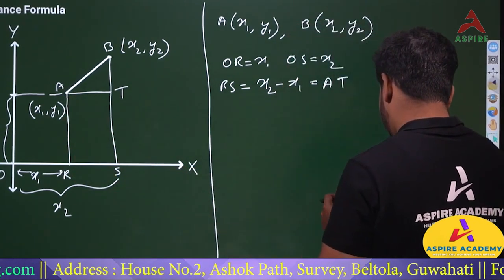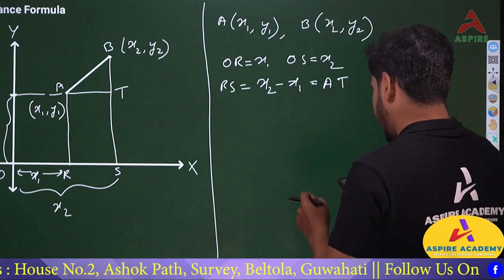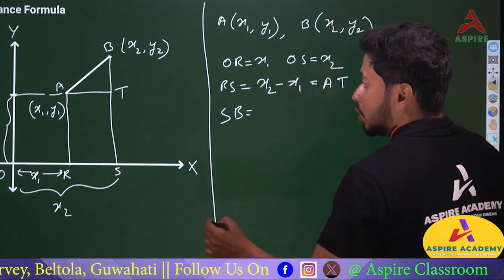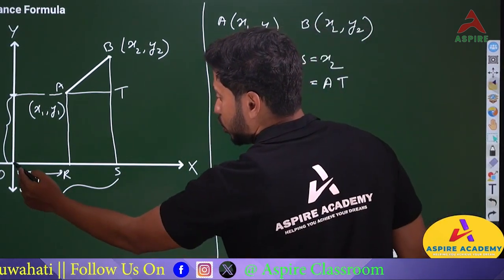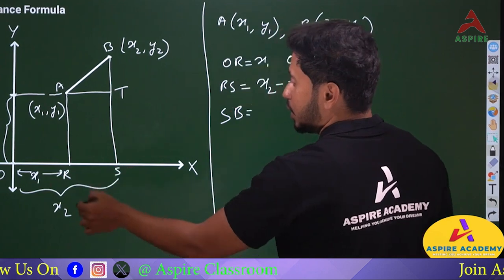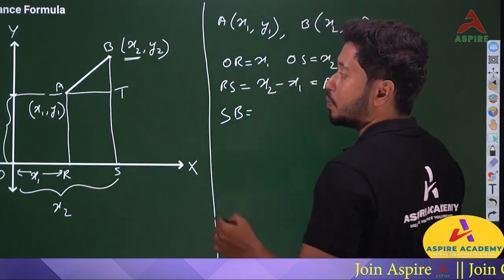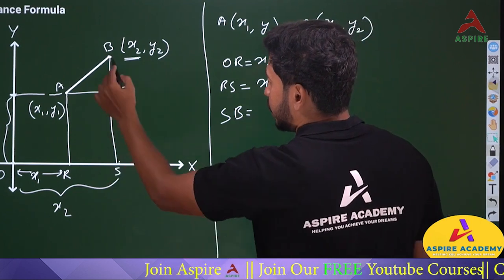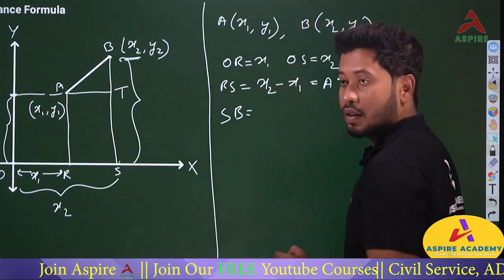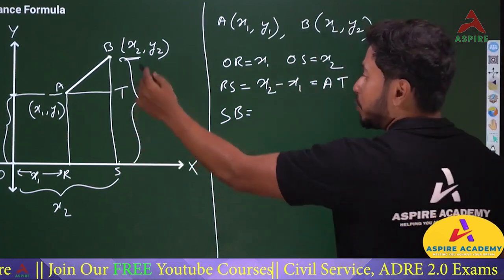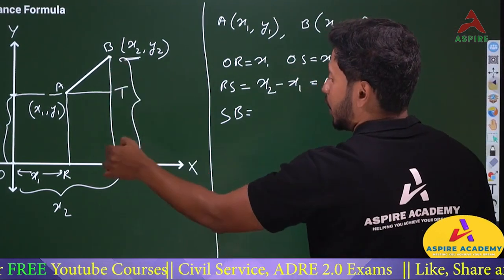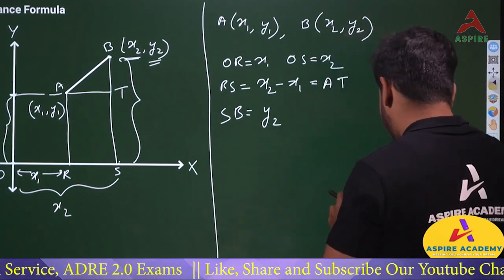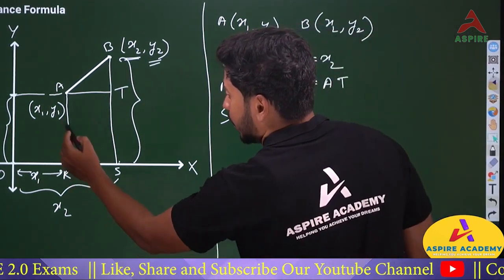Then what is AR? Before AR, let us find SB. From O to S, OS is x2, that's why the x coordinate of B is x2, and BS is y2. So SB equal to y2. Next, AR.